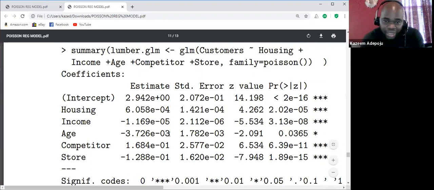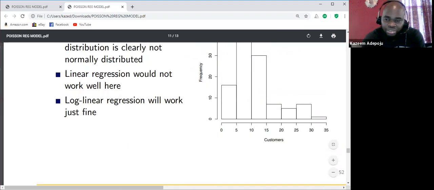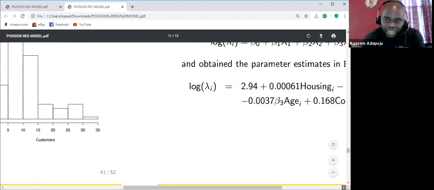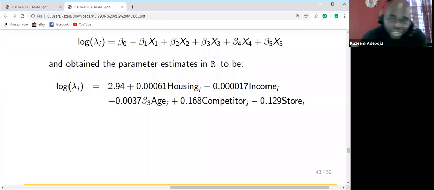So the fitted model now is actually what I put here. You'll be able to measure the contribution of the housing, of the income, of the age, of the competitor, and the distance to store.